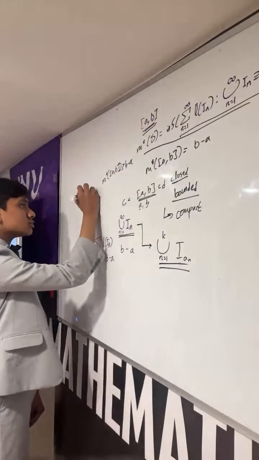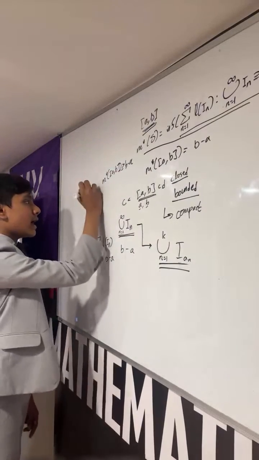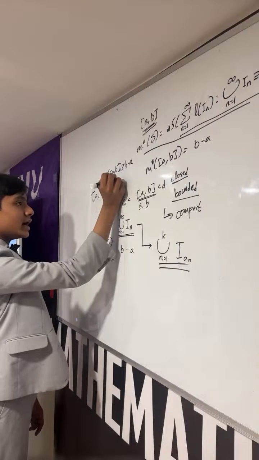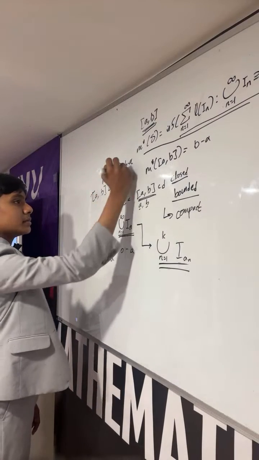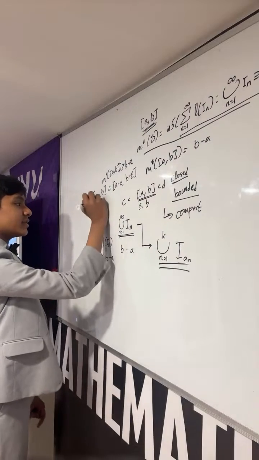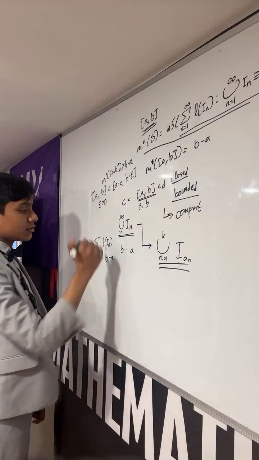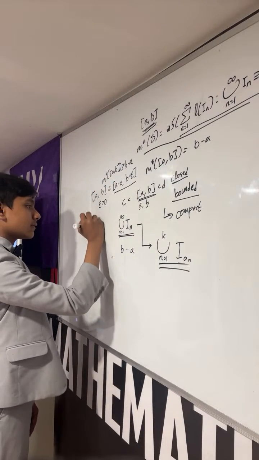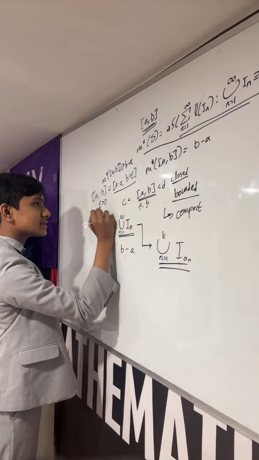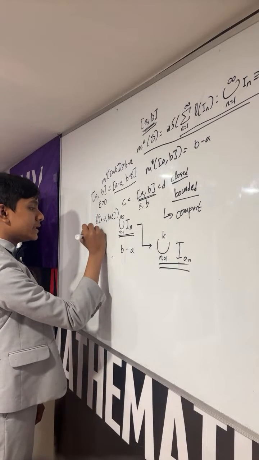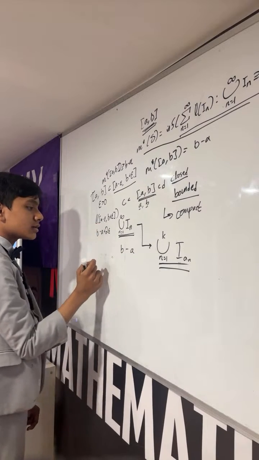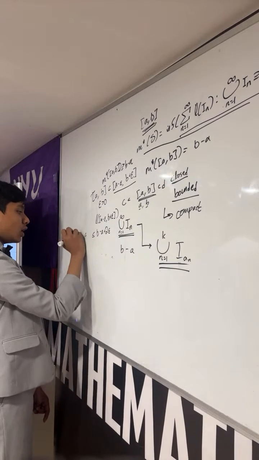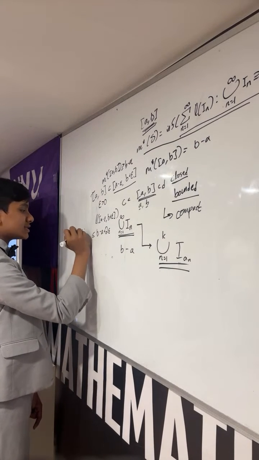But we can also say that [a,b] is a subset of (a minus epsilon, b plus epsilon), given epsilon is greater than 0. So, notice that this has length b minus a plus 2 epsilon. But we can make epsilon as small as we want without any consequences.